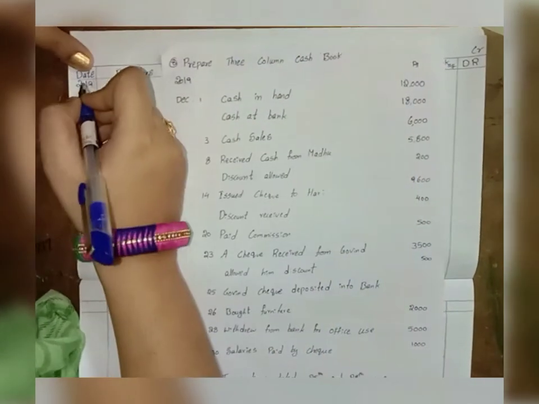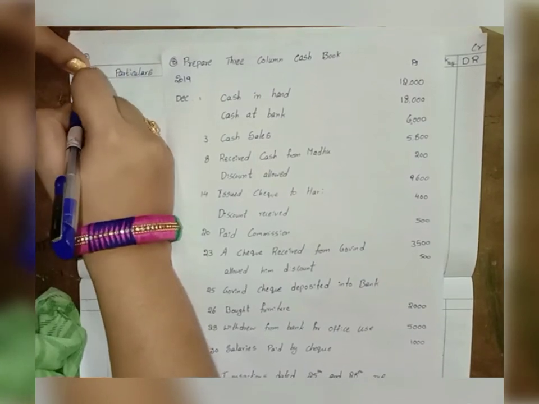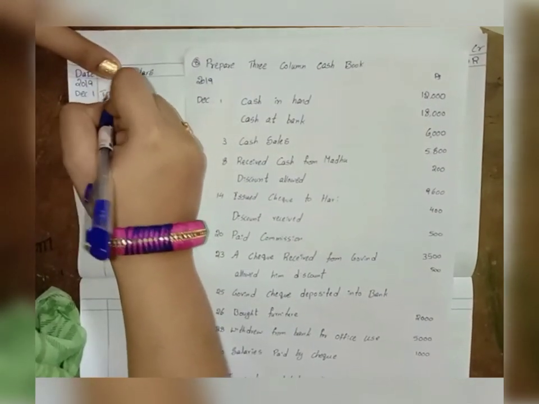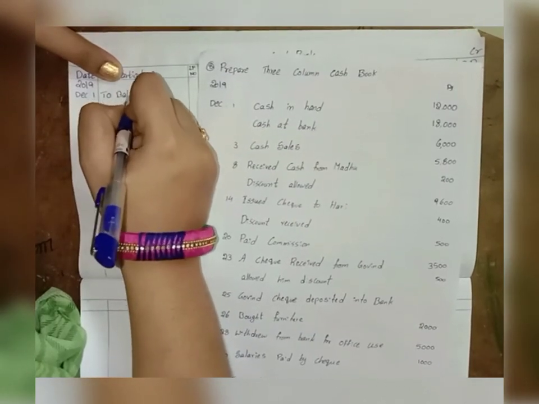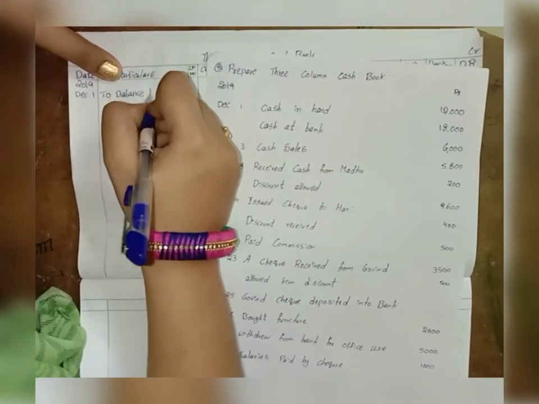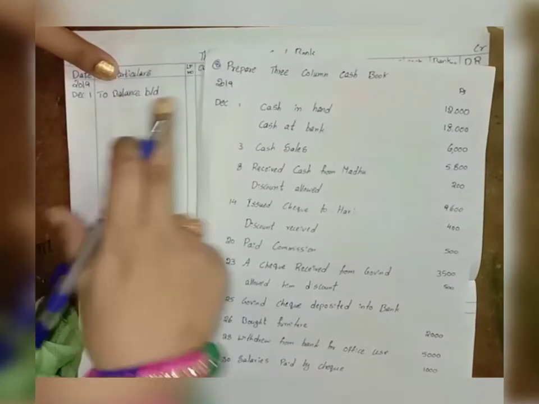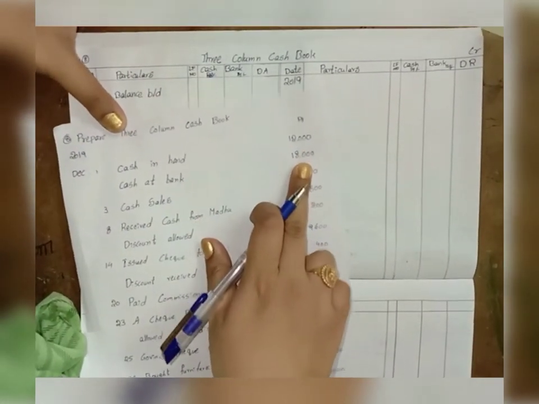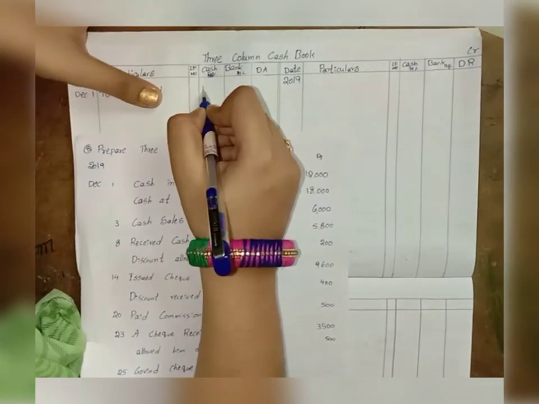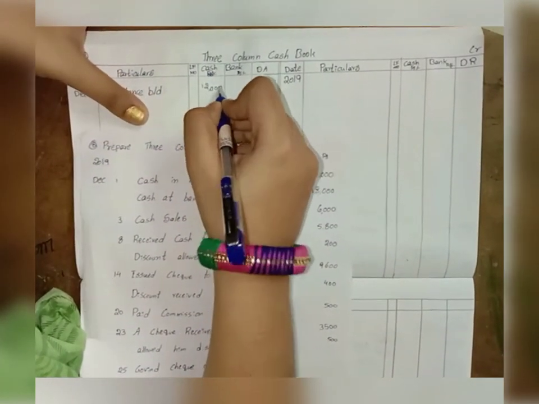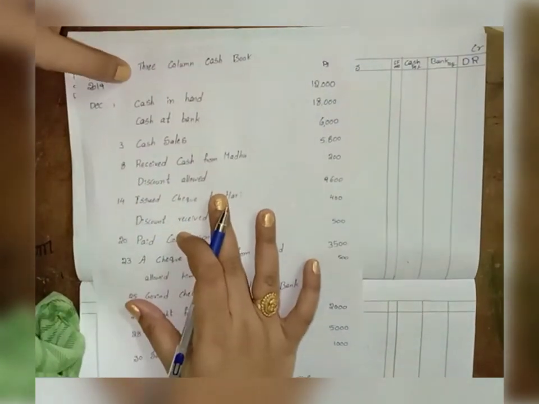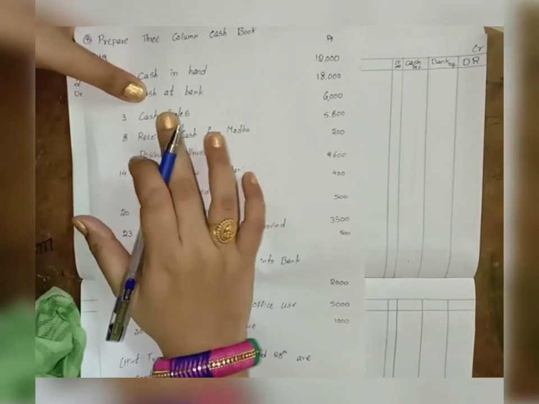So first we have to write 2019 December 1st, to balance brought down. This is the opening amount: 12,000 in cash column and 18,000 in bank column.